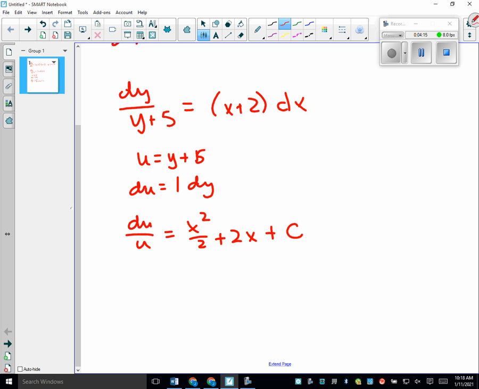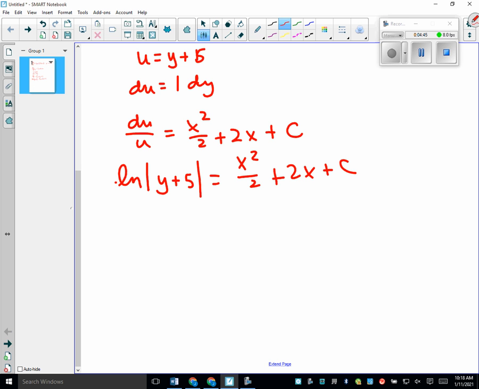Okay. What's the antiderivative of the left side? It's ln of u, which is ln of y plus 5. So we could have done that without u substitution. All right?